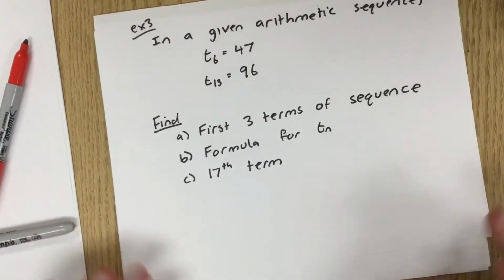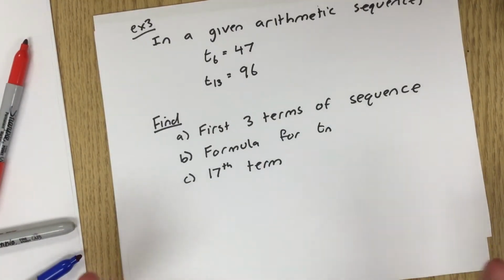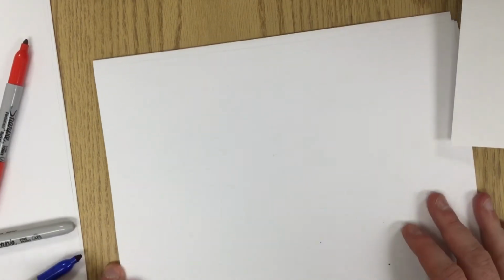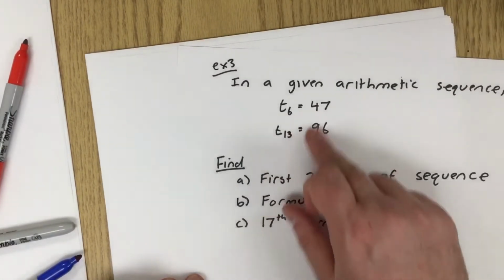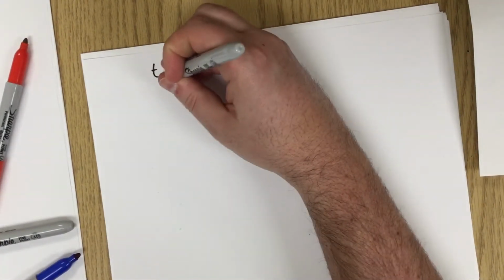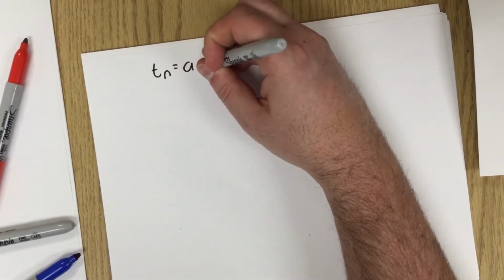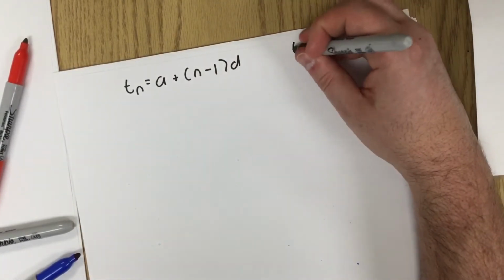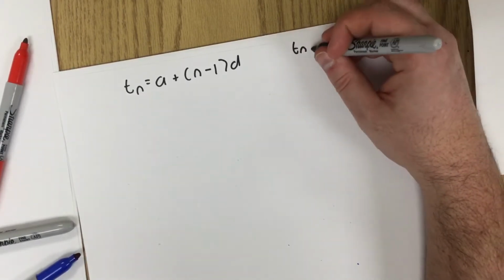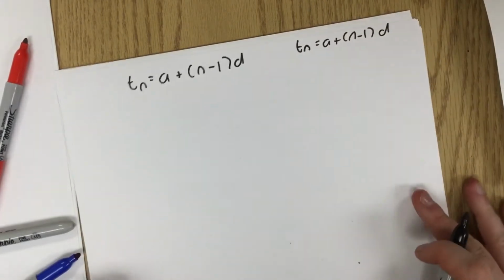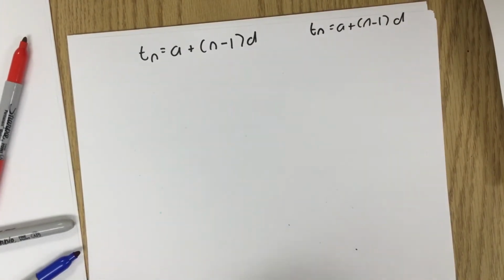Example 3. In a given arithmetic sequence, we have our T6 and we have our T13. Okay, this one's a little bit more involved. So we're actually going to look at each of those separately. So we're going to have T of n equals A plus n minus 1 D, and T of n equals A plus n minus 1 D. I squished one in a little bit more than the other.